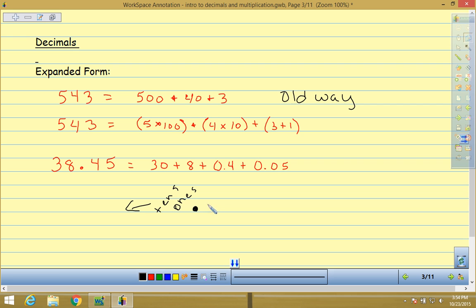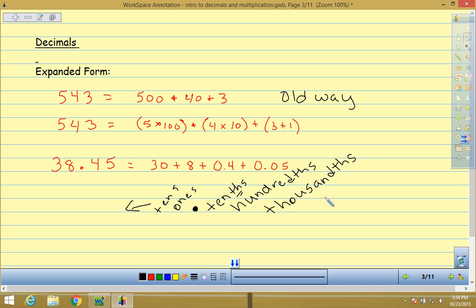So this one is the tenths, and for all of these we're going to have that TH on them. The hundredths, and yes, you should be writing this down in your notes. You might have seen the thousandths place last year.